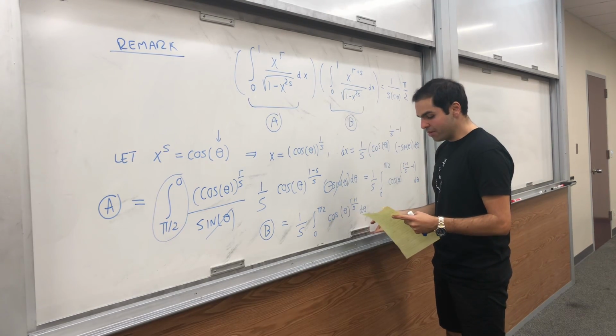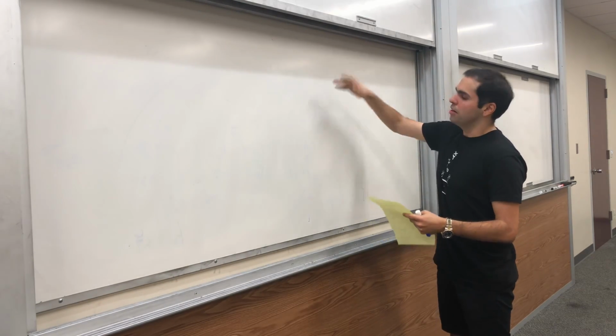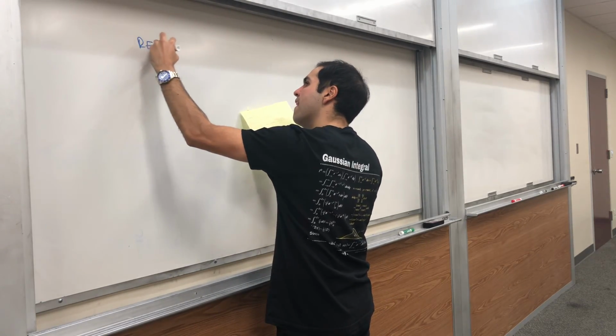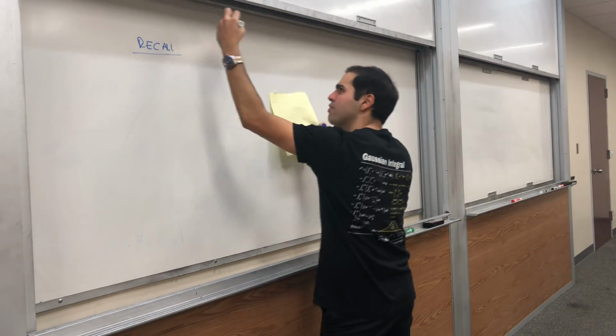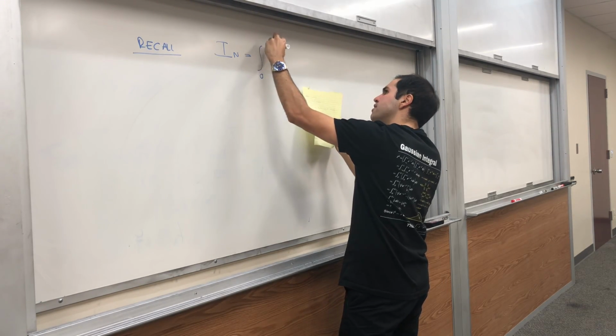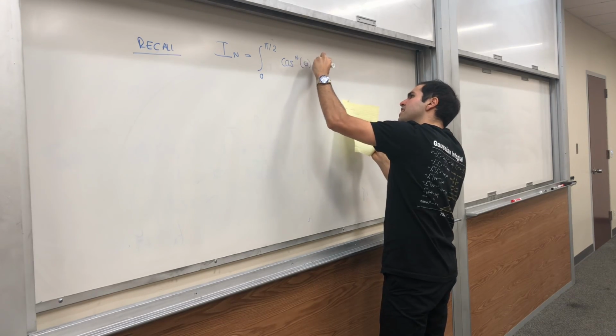So in the end, what we get is, maybe let me do it here. So recall, we defined our quantity I_n to be the integral from 0 to pi over 2 of cosine to the n of theta d theta.